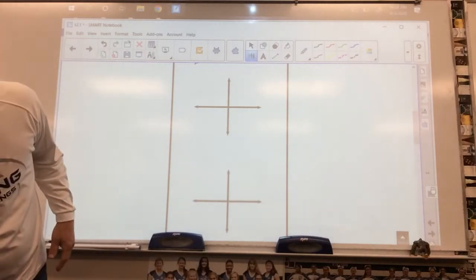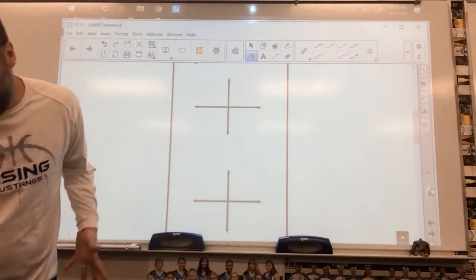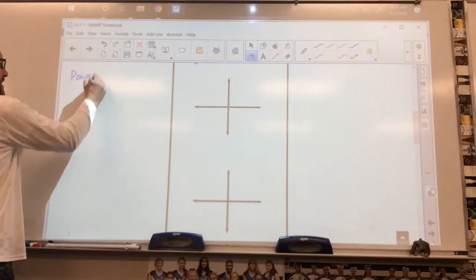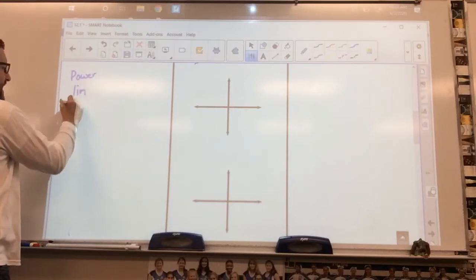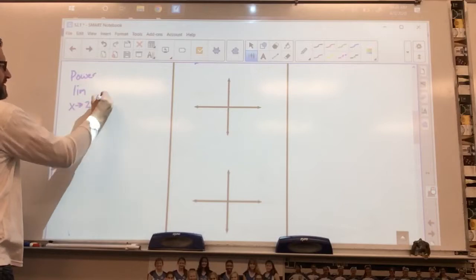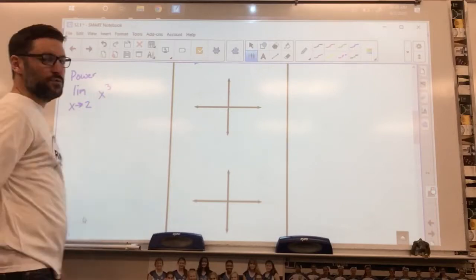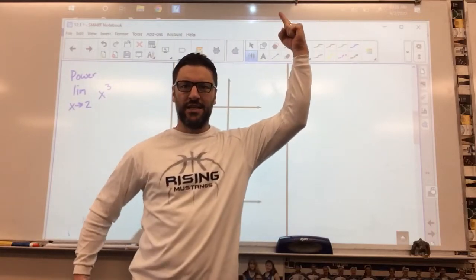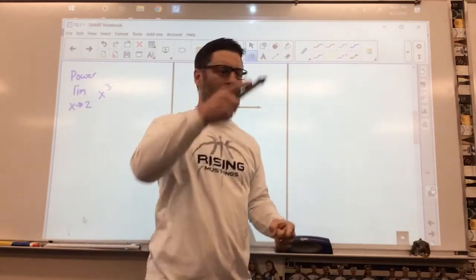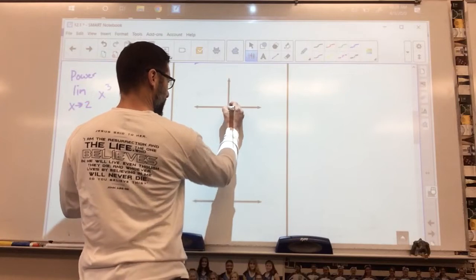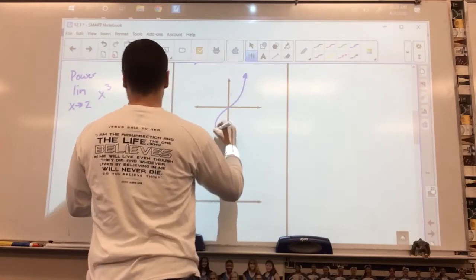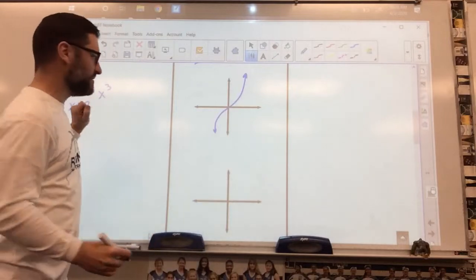The next one is some power function. Let's call it some power function. The limit as x goes to 2 of x cubed. And here we are in my favorite one. We've got the graph looking like that. It goes up. So we have this graph that starts down here and it goes up. And we're asking ourselves, what's happening at 2?